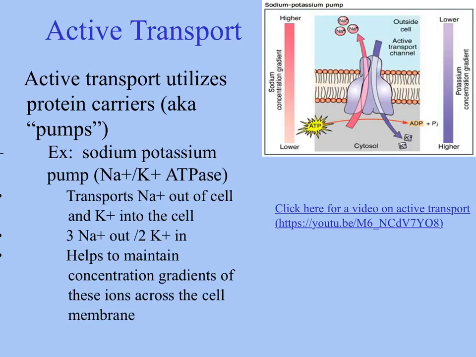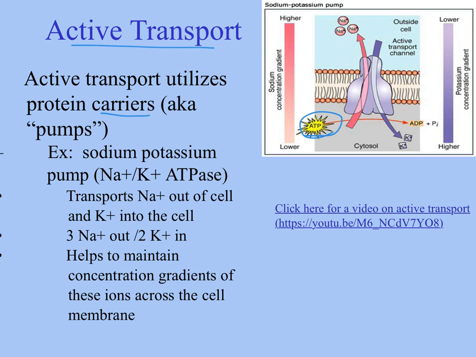transports that require energy, active transport's the most common one you'll hear of, and that's where there are these protein carriers, otherwise known as pumps, that use energy in the form of ATP to pump substances up their concentration gradient.